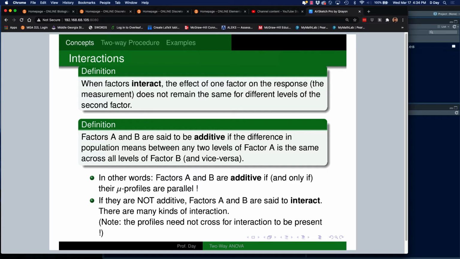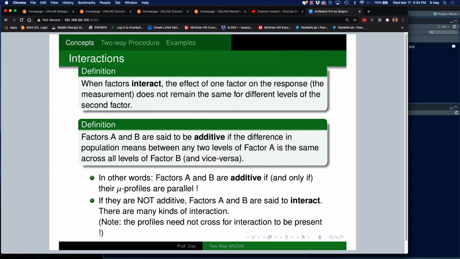If the changes aren't consistent across the board, say we have three levels of factor A and the means change in a certain way, but they don't change in that same way with factor B across those same levels, then you get what we call interactions. I'm going to show you a plot in a minute that shows more of what I'm talking about. But when they interact, that's not always a good thing, because it means one of those factors is affecting the other enough that it's changing the overall averages, so we get this interaction effect.